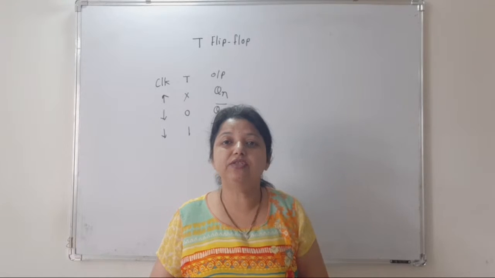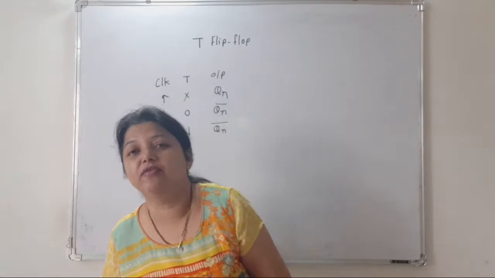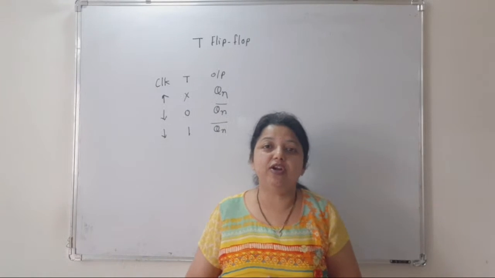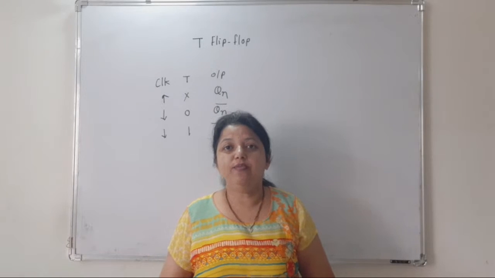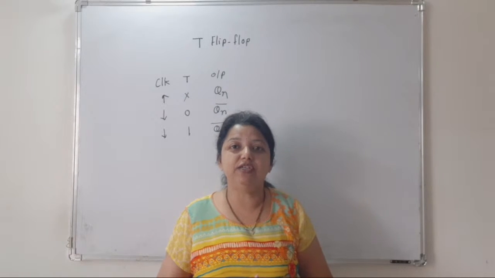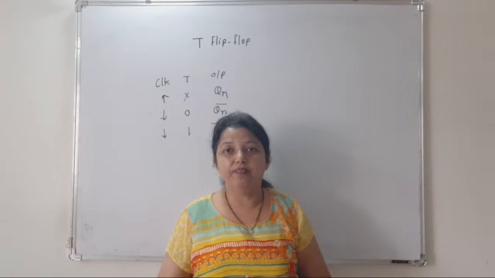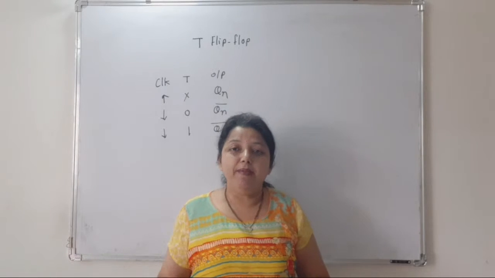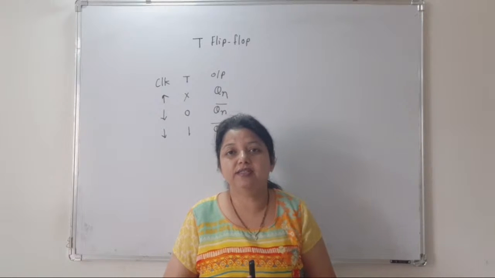Now I revise the meaning of toggling. Whenever J is equal to 1 and K is equal to 1, if the previous state of that flip-flop is 0, it changes to 1. And if the previous state is 1, it changes to 0. That is known as toggling of the flip-flop. Changing the previous state, whether it is 0 or 1, to the complement of that state, that is known as toggling. Do you understand?